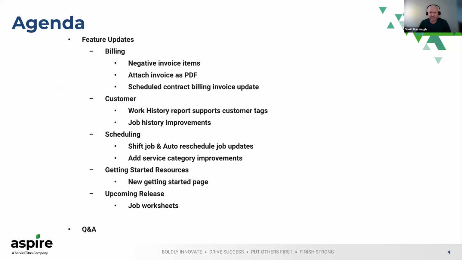You can add schedule service categories more easily than you ever have in the past. So we'll show that. Finally, we've got some new getting started resources that are available for our trials that are looking at Crew Control, but also really good information for anyone that's been using Crew Control. It just highlights certain features for certain conditions for your industry. So we'll cover that as well.